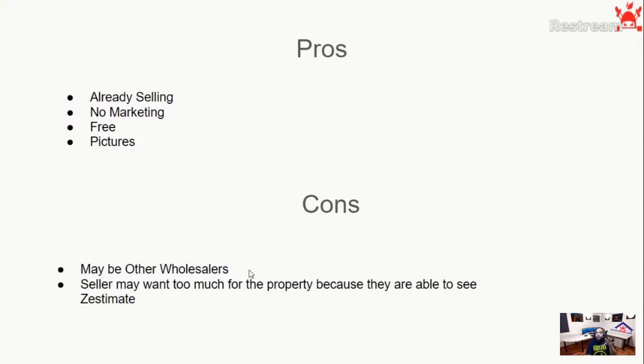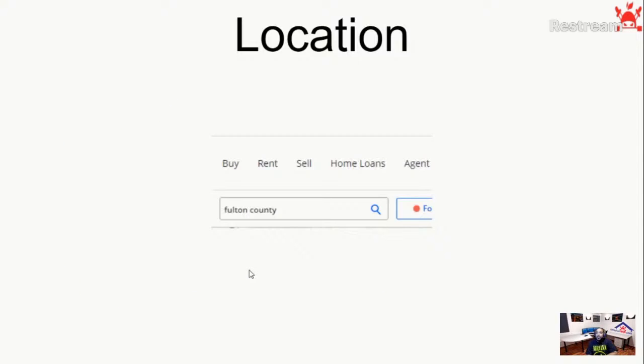Because people can't see that price, they may be asking too much for the property, and more often than not, Zillow's estimate is wrong. Now, I will say this is a way to find properties, and I never look at this estimate, but I do look at it in some instances, which I will tell you about in a minute.